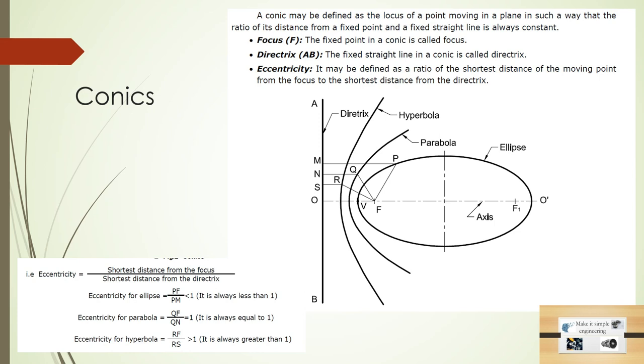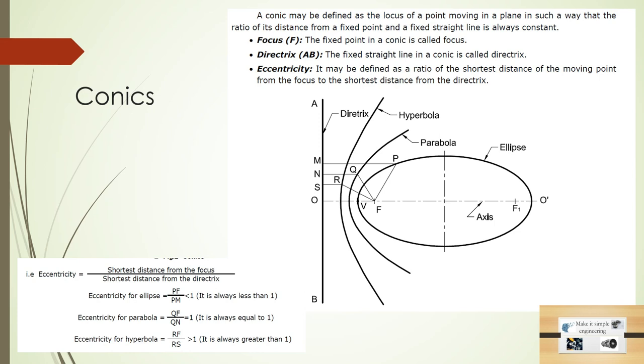Here you can see different curves, ellipse, parabola and hyperbola, in the figure. In the case of the ellipse, the moving or arbitrary point is marked as point P. Then the eccentricity is PF by PM, and in the case of the ellipse, the eccentricity is always less than 1.